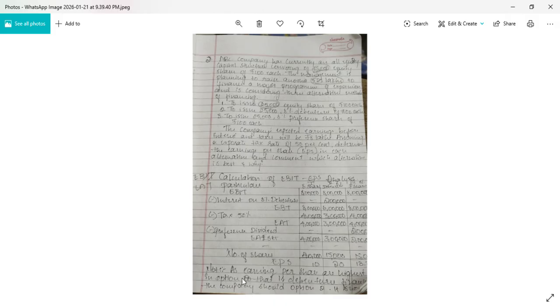So clearly you can write: as earning per share is highest in option 2, that is 8% debenture financing, the company should opt for option 2. So this is very easy. This is a 14 marks question, they will surely ask in an examination. So for that I have explained.